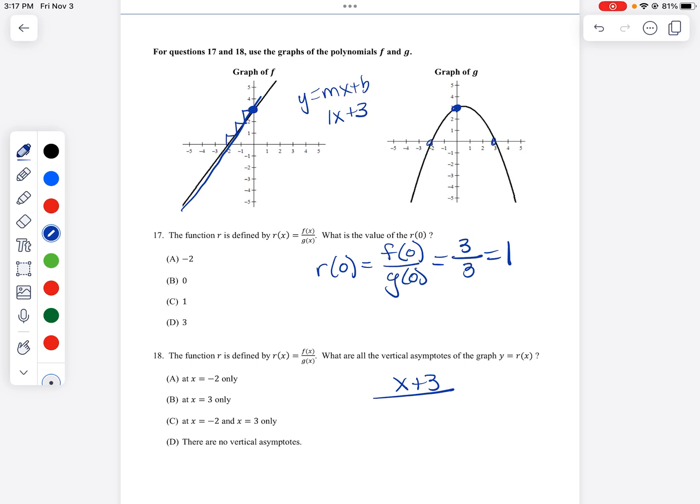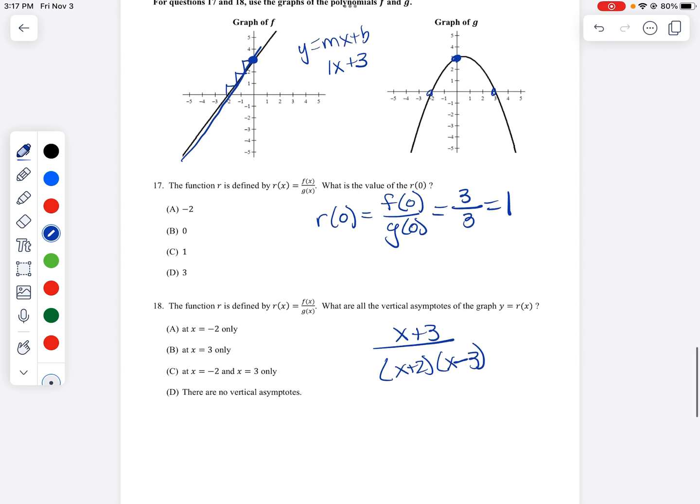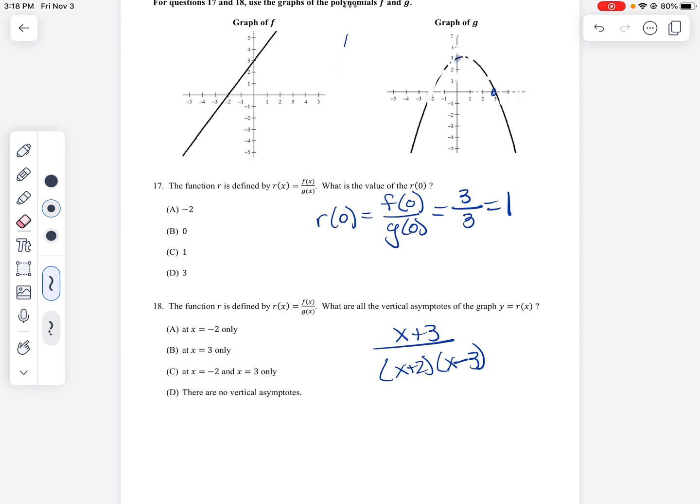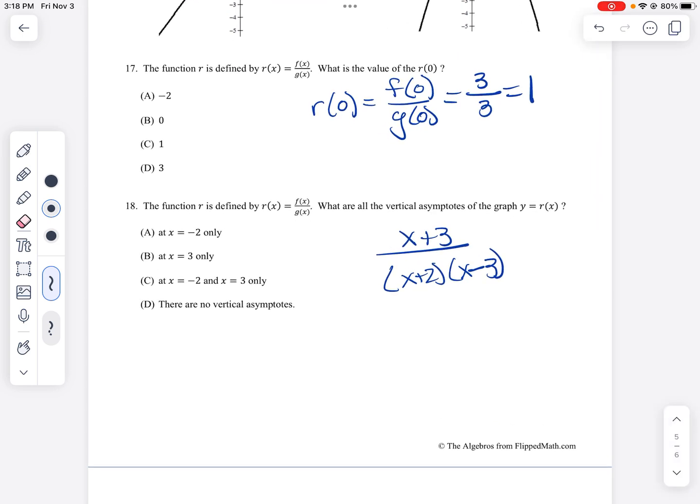We know the bottom was a parabola, and it's got to have x plus 2 and x minus 3. Let me see here. I've got to erase this. So, what are all the vertical asymptotes? Well, there's no hole, so I would say it would be this one.